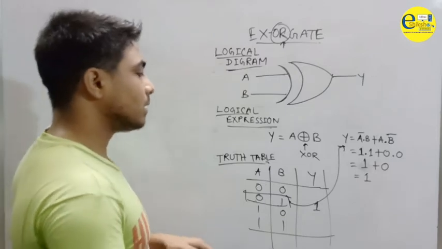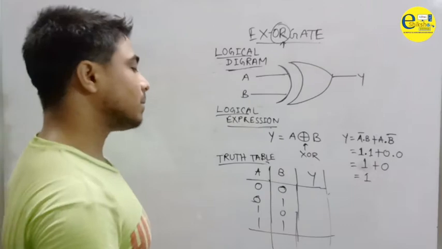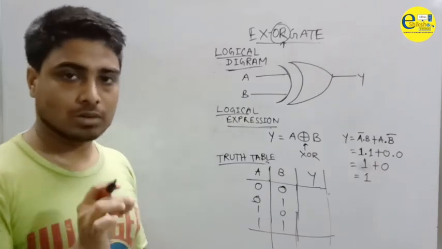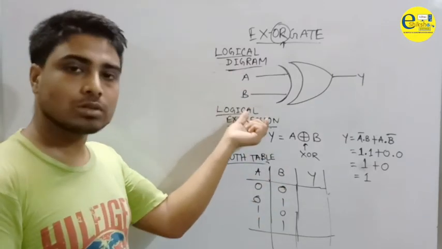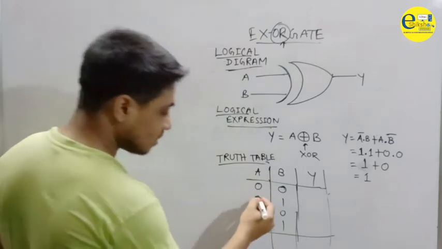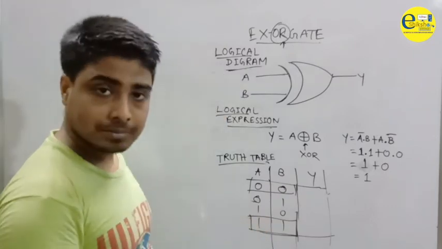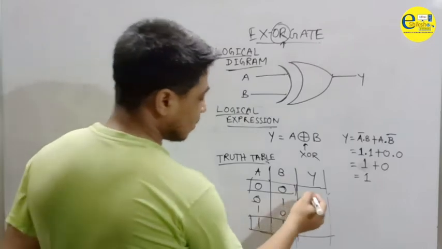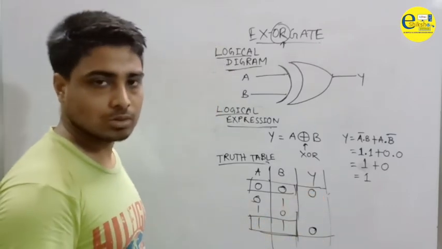So let me tell you a trick. What will be the trick here? Just keep in mind that if the inputs are the same, as in this case and this case, the output will be 0.